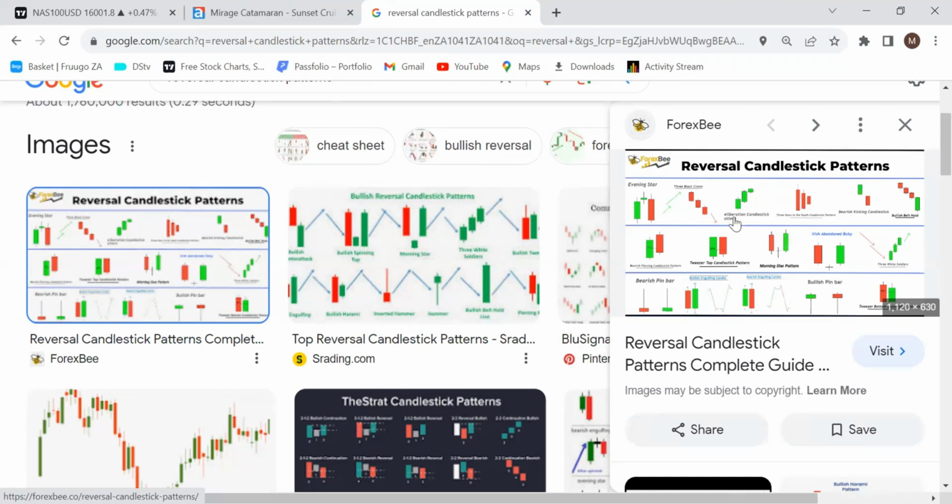This is a very good one. Evening star in case of a sell, very good one. Yeah, basically those are the main ones. Even this one, even though it's very similar to the morning star, here it has a different name. So all these have different names, but it's good to know how they look. You don't really need to know their names. You just need to know, okay, that is a reversal candlestick.